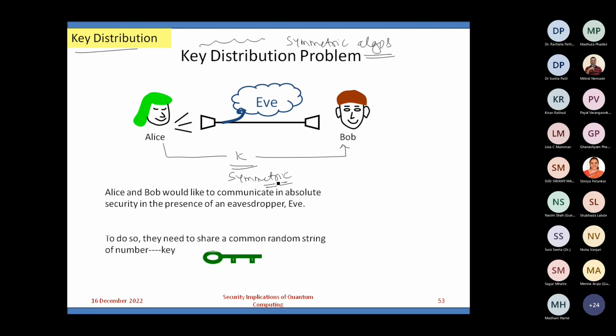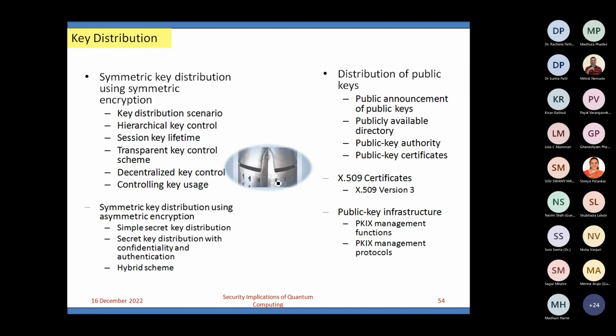What are the various techniques that we have? We have multiple techniques. Number one, this particular symmetric key can be distributed using a symmetric encryption algorithm. That means, imagine Alice and Bob wanted to communicate using symmetric encryption algorithms such as AES. They need a key. This key has to be shared. How can this key be shared? Again, using a symmetric encryption algorithm.